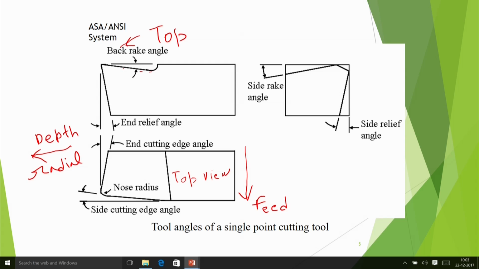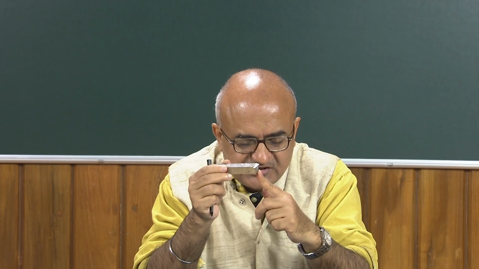So in this we are getting one back rake angle, and another angle we are getting here. That surface, you see that this one is slightly inclined.